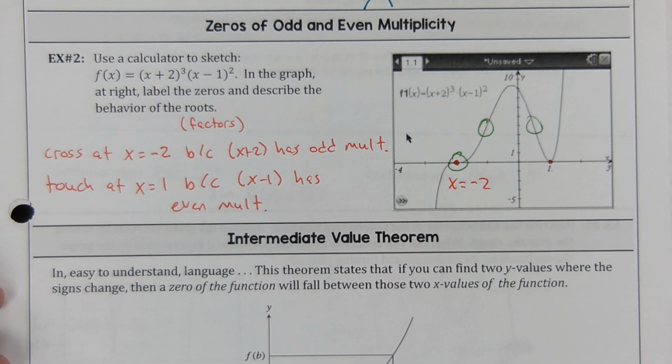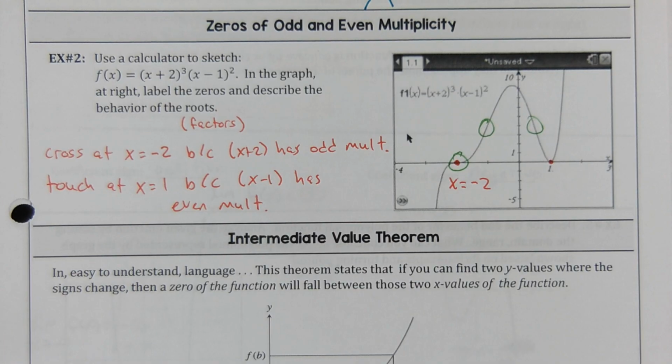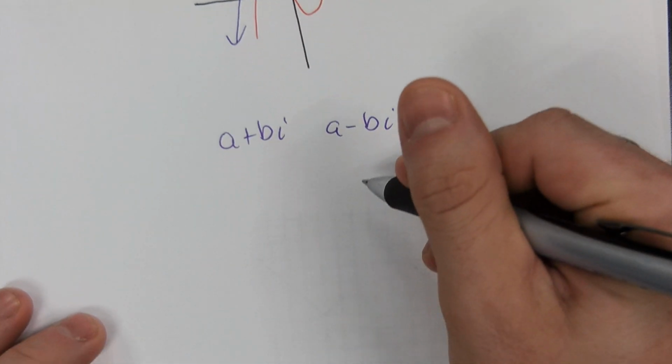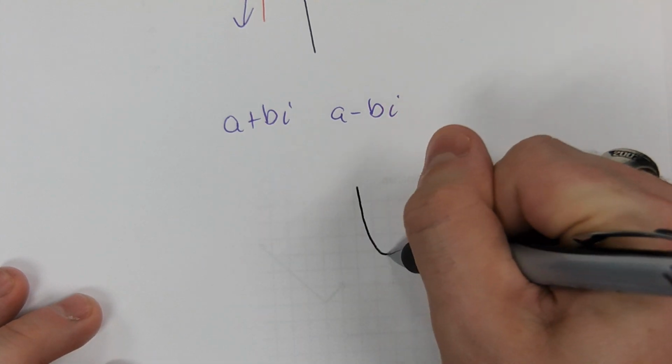Will it always equal the degree? No, it's a coincidence that they add up to 5. And I can prove it. What's the degree of that?